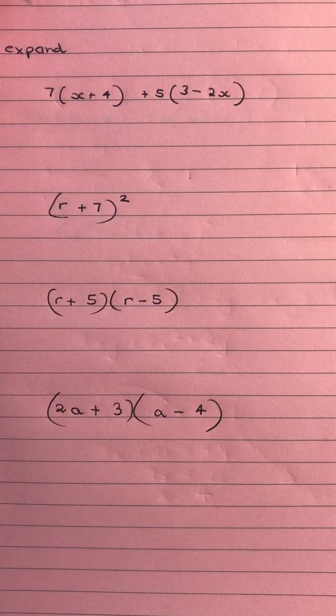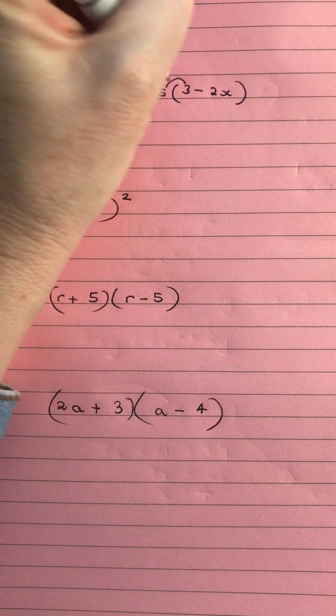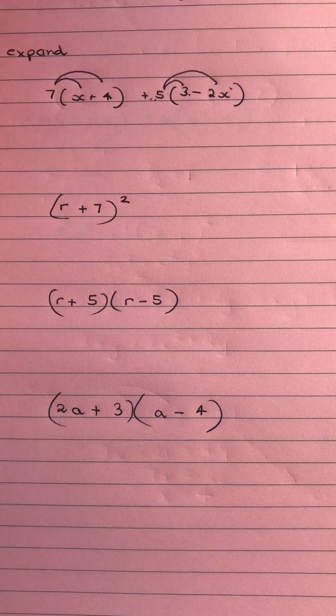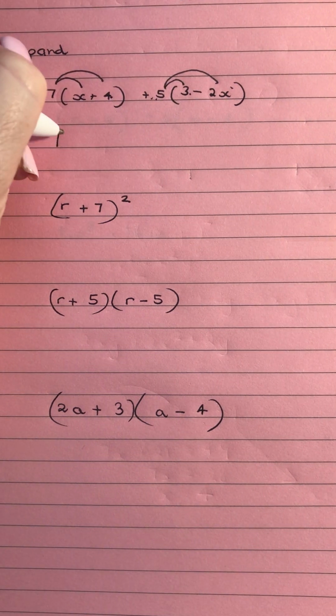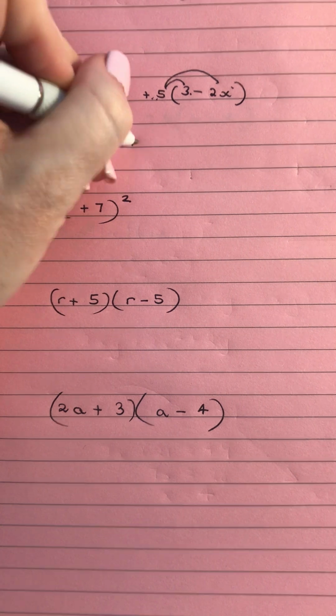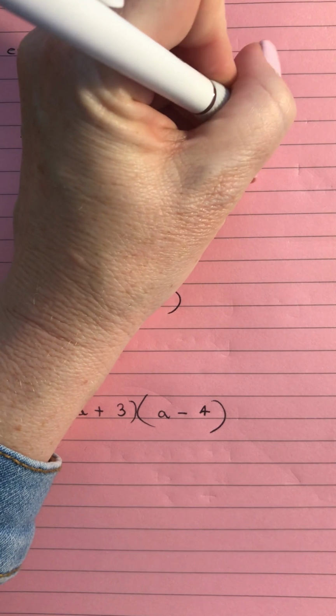Here we've got our expanding, so we're going to do 7 times x and 7 times 4. We're going to do 5 times 3 and 5 times minus 2x. So we've got 7 times x plus 7 times 4, plus 5 times 3 plus 5 times negative 2x.